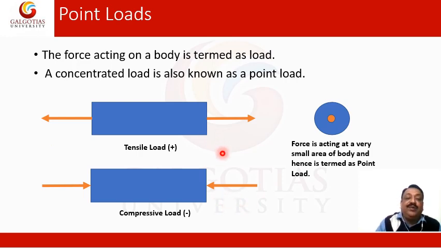So in the tensile load, the length is tending to increase, hence it is a positive increment in length, and hence it is considered a positive load. While in compression, the length is going to decrease, and the decrease is the negative increment, and hence it is known as the negative load as per our sign convention.